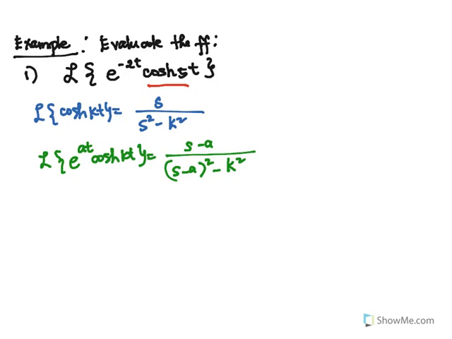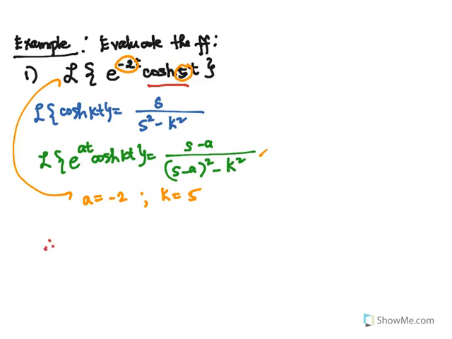So, from our given, our a is negative 2. And our k is 5. So, that's what we need in our shifted Laplace transform.